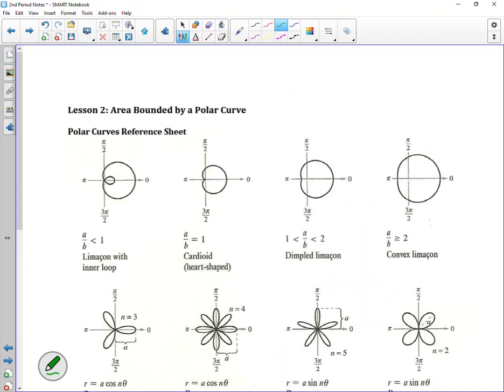All of these have the formula r equals a plus or minus b sine theta, or r equals a plus or minus b cosine theta. If it's sine, the big part of it is going to sit on the y-axis, and if it's cosine, the big butt is going to sit on the x-axis. It looks like a butt to me.